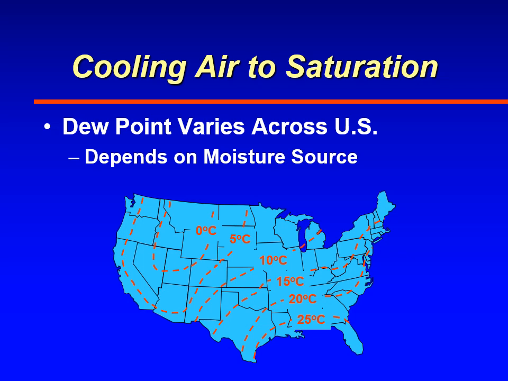Another interesting fact is that usually moisture is higher along the Gulf Coast and the East Coast of the United States. As you move towards the central part of the United States, the dew point decreases. You get farther from a source of moisture. So as a result, what you'll find is cloud bases generally increase as you move towards the central United States.